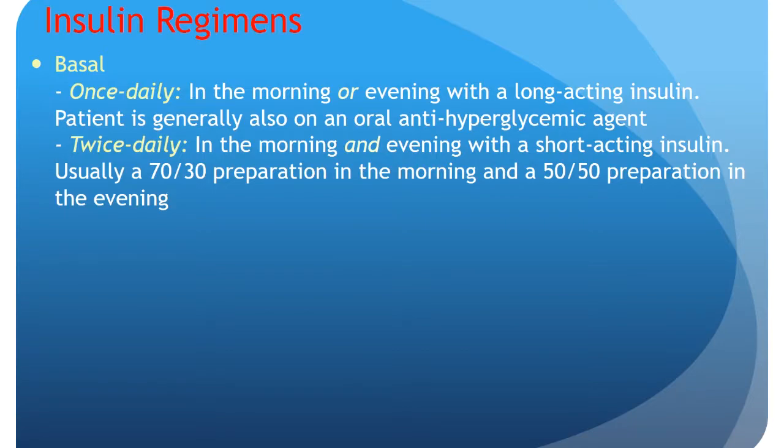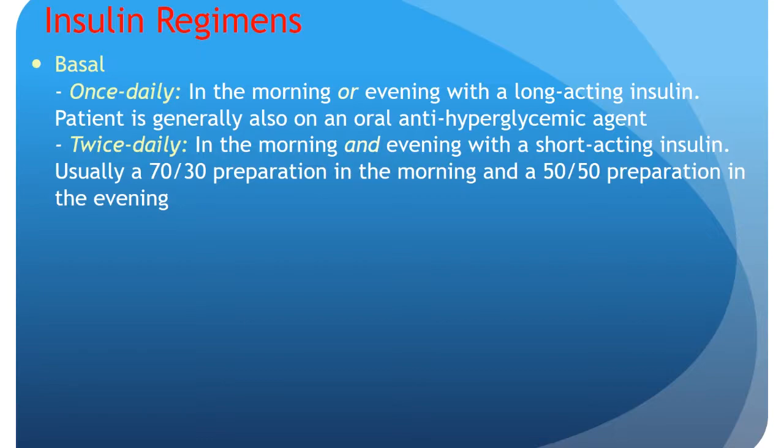And in order to keep the fasting blood glucose within your target goals, you have to use the basal insulin regimen. You can give insulin either once daily or twice daily. If you're going to use insulin once daily, usually in the evening, you have to supplement it with an oral medication. If you're going to give insulin twice daily, you do not need to supplement it with any other medications.